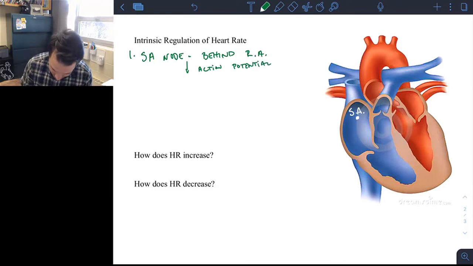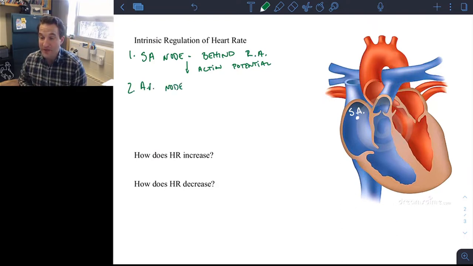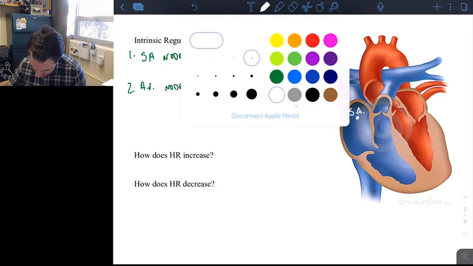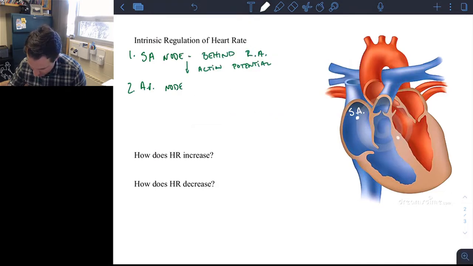to our second part, our AV node, atrioventricular node, okay? And that one is right between the atrium and the ventricle, kind of right in the middle right there, okay? So that action potential is going to move from the SA to the AV node.